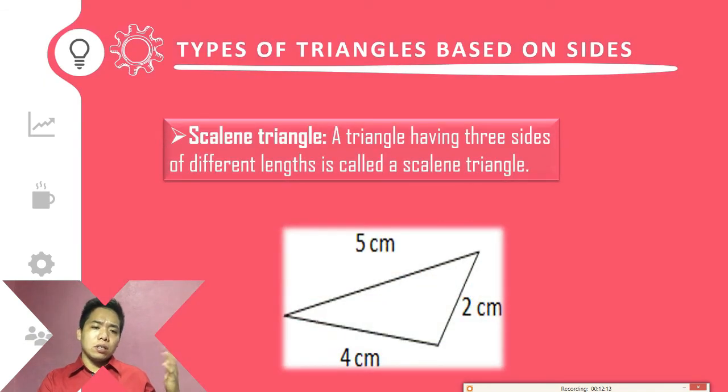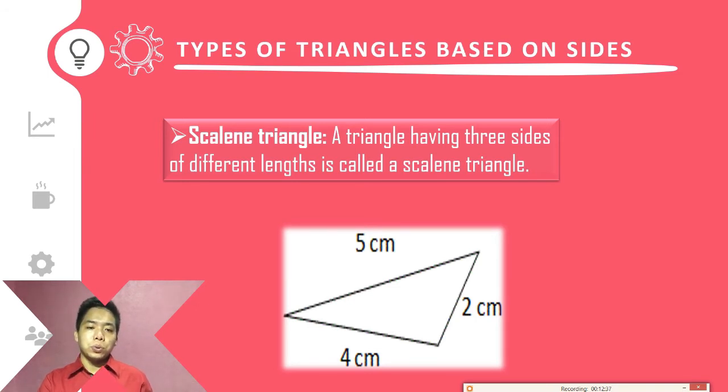And the third and last one is a scalene triangle. If equilateral has 3 sides of the same length, isosceles 2 sides of the same length, a scalene triangle has no sides with equal lengths.